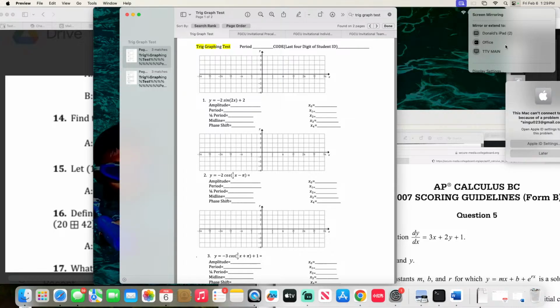Now, instead of graphing secant, I'm going to start with cosine. Sorry, not sine, cosine. If I graph cosine, I can start telling everything.